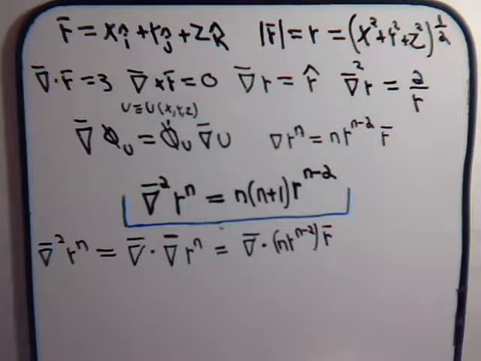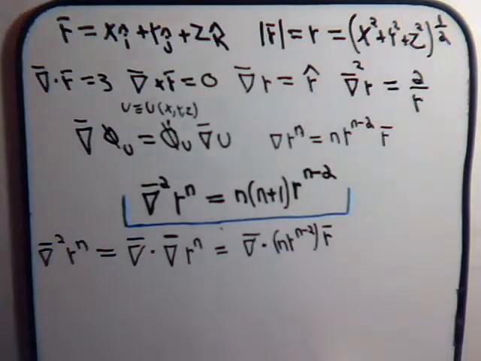So here we have a situation where we're taking the divergence of a scalar times a vector. And I think it was example 3 in our vector identity series where we dealt with this kind of situation.